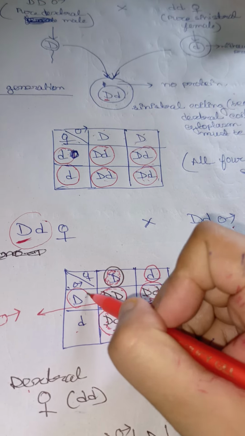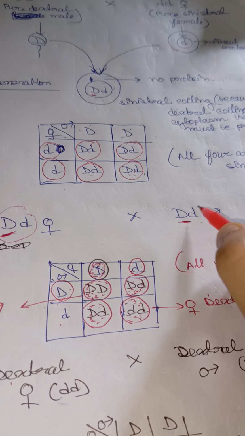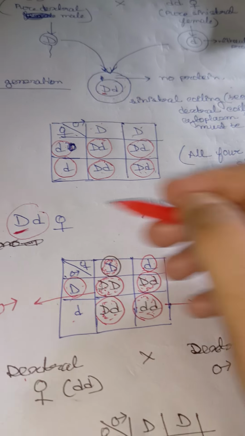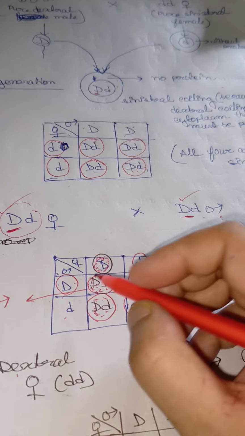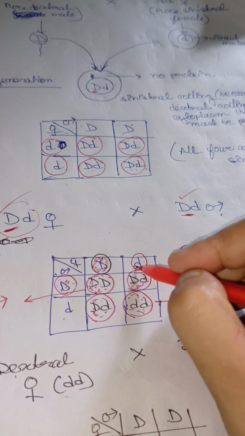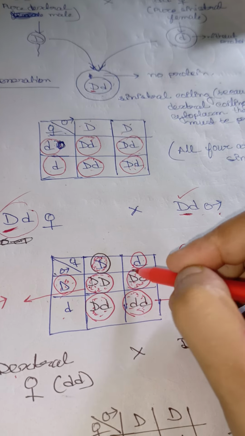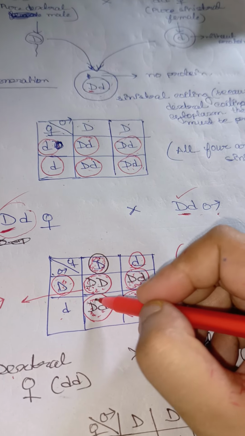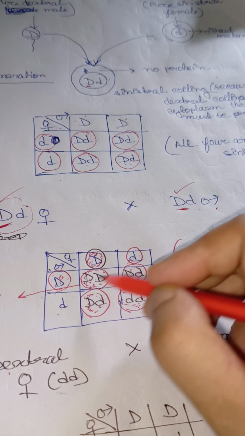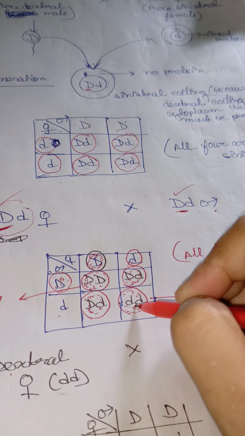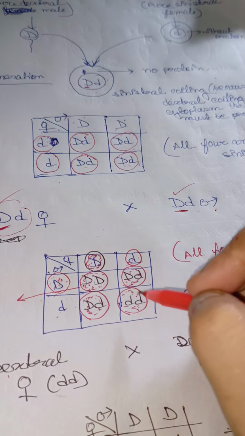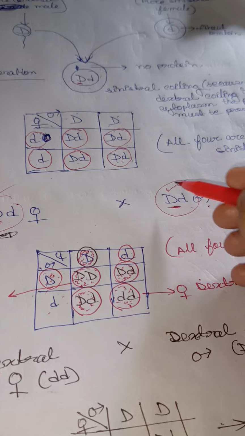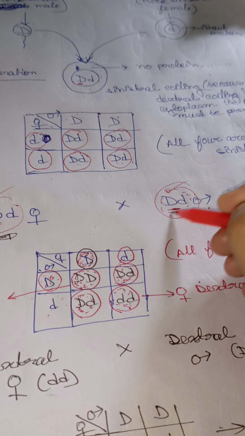Okay, so here also big D is present. In future it will also produce protein because the dominant D is present here. So when it fuses with this, here also in the cytoplasm the protein will be present. Here it will be DD, and in the cytoplasm the protein is present.